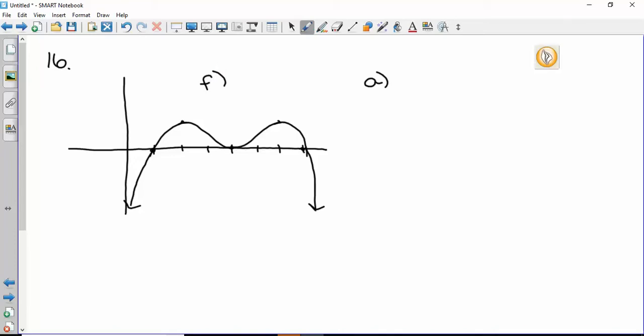I want to know the inflection points. So the inflection points are where your graph switches concavity. Sometimes it's hard to tell. If we look, this is definitely concave down. And we can tell right here, this is concave up, right? So it has to switch from concave down to concave up in the middle, so that would be approximately right here.